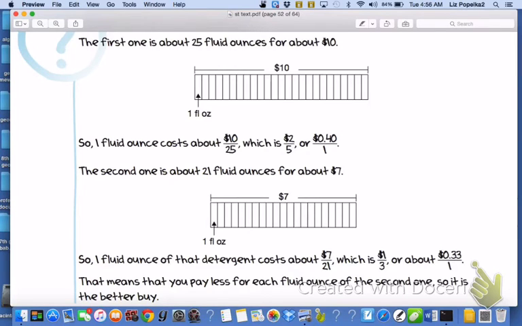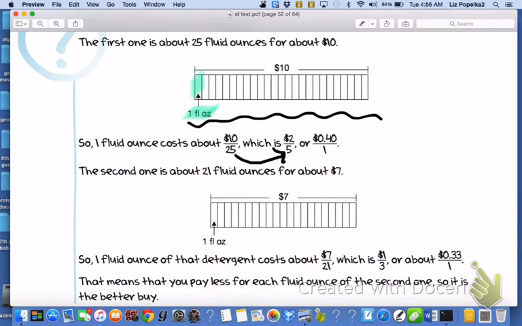And she kind of scaled down in her head, if you think about it. So she drew a little diagram here with all 25 of the ounces laid out. The diagram tells you right here that 1 ounce is represented by 1 little rectangle in the figure. So if she's paying $10 for 25 ounces, notice here in her head, she kind of scaled down.